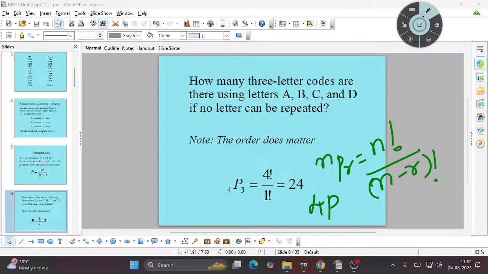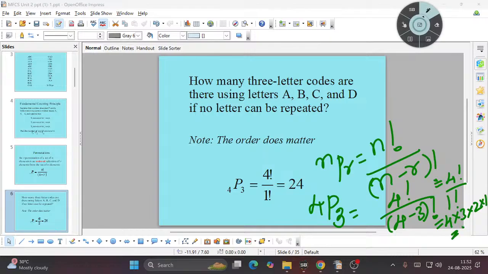R means I want a 3-letter code. So 4P3 is 4 factorial by 4 minus 3 whole factorial, which is 4 factorial by 1 factorial, 4 into 3 into 2 into 1, which is 24 ways. So instead of searching all those ways, I am writing it directly using the formula.